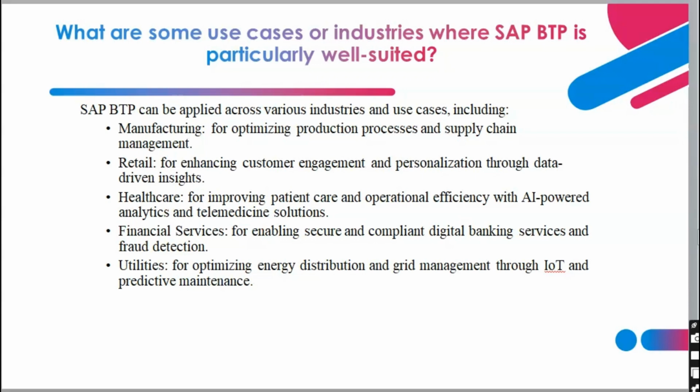Answer: SAP BTP can be applied across various industries and use cases, including manufacturing for optimizing production processes and supply chain management, retail for enhancing customer engagement and personalization through data driven insights, healthcare for improving patient care and operational efficiency with AI powered analytics and telemedicine solutions, financial services for enabling secure and compliant digital banking services and fraud detection, utilities for optimizing energy distribution and grid management through IoT and predictive maintenance.